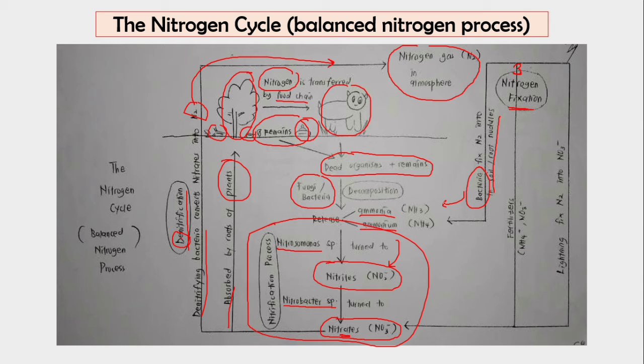Second one is nitrogen gas through fertilizer, back into the soil in the form of nitrates. And the third one is by lightning. The lightning will fix nitrogen gas in the atmosphere into nitrates. Okay, so this process keeps cycling. Okay, easy.